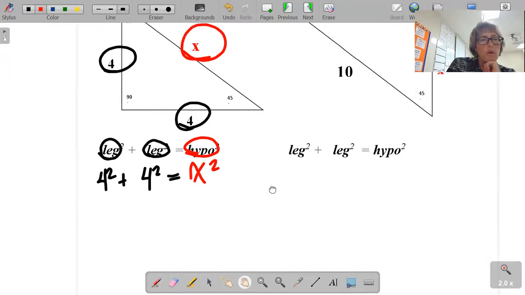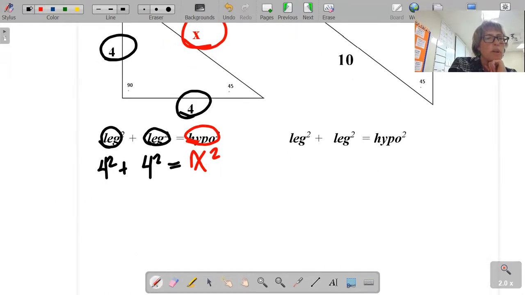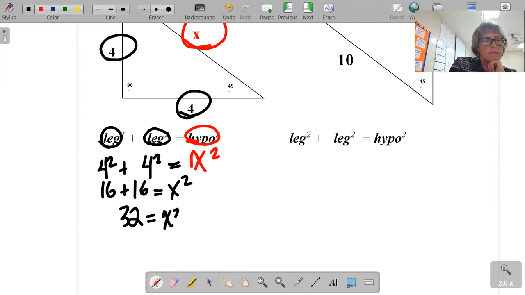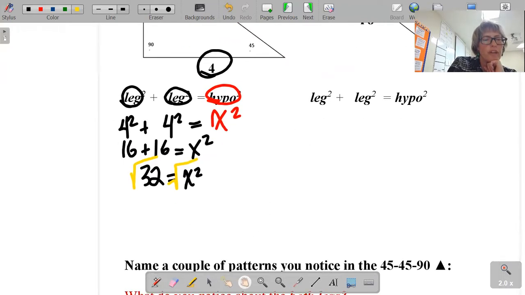So the left one, 4 squared plus 4 squared equals x squared. It's really important that you're very comfortable in simplifying, so we're going to break this down.